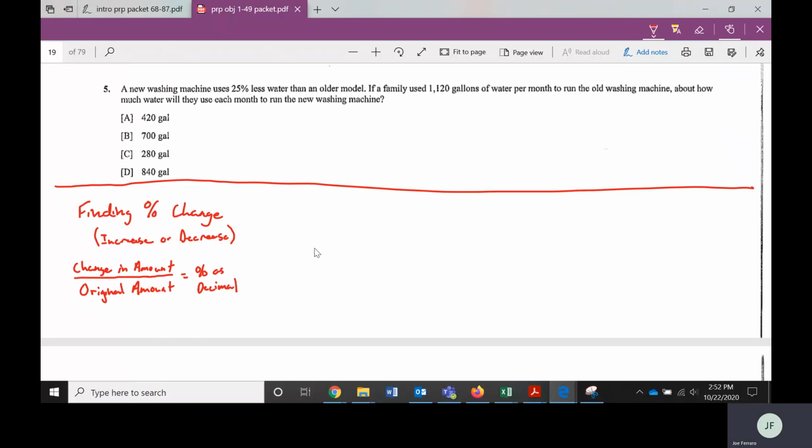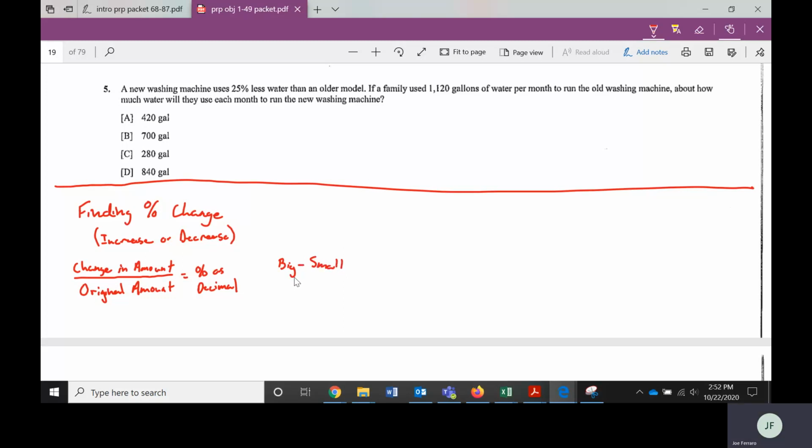Okay, so again, if any of this goes too fast, you hit pause, you copy it down. I'm going to throw a hint here. When you find the change in amount, it doesn't matter if it goes up or down.